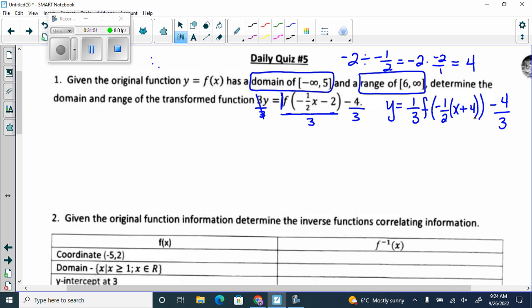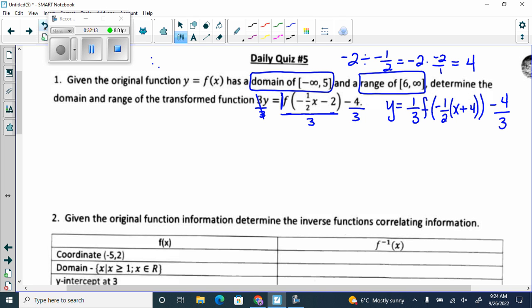And remember, if you distribute that negative a half back in to check it, you should get what you had before, right? So if I put the negative a half in, I get negative a half x, good. And then I get negative a half times 4, which is negative 2. So I know I did it right. You can check your GCF.